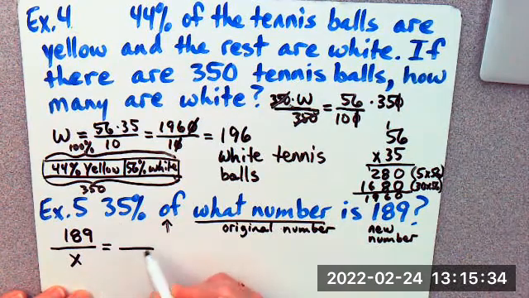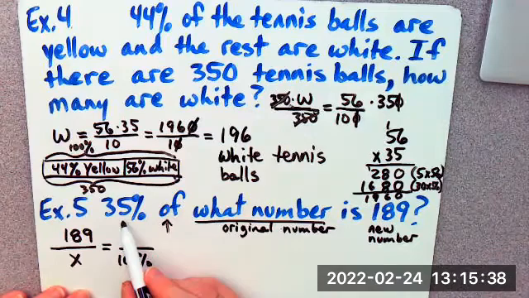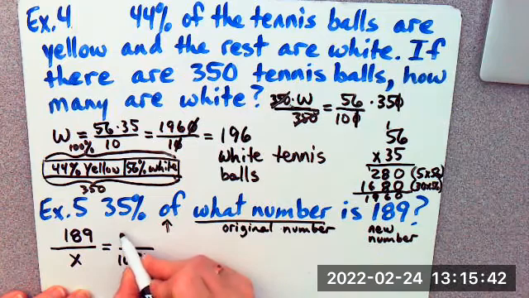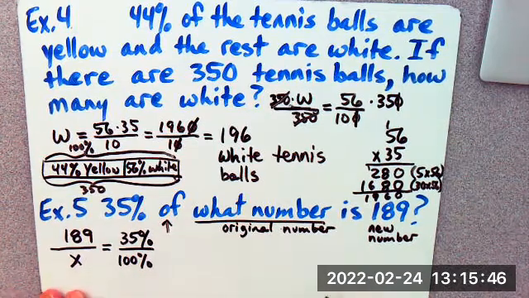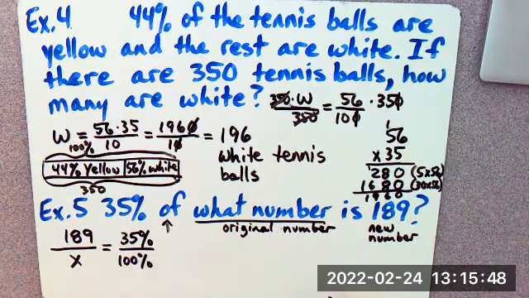So we want to know what is 100% of this if 35% of something is 189. Okay, so this is going to be a little harder to do in this situation.